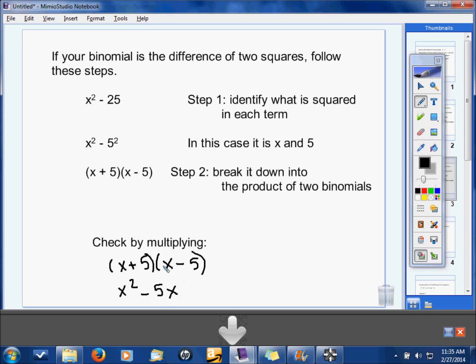The inner terms give plus 5x. And the last terms give negative 25. What happens here? The negative 5x and positive 5x cancel out, so we have x squared minus 25. That is why the plus minus thing works. So this is the check. This is your answer right here: x plus 5, x minus 5.